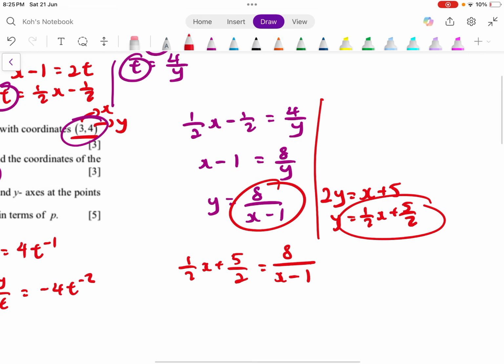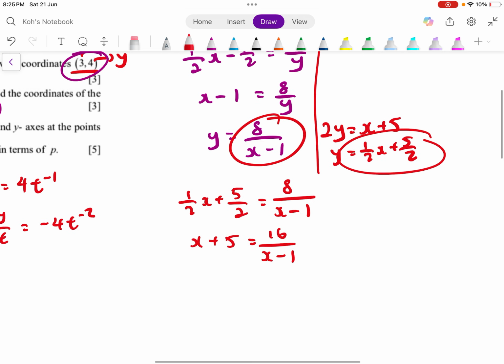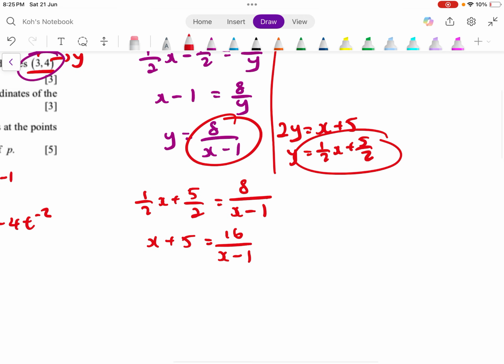And then of course times 2 throughout. This will give you x plus 5 equal to 16 over x minus 1. With this I can cross multiply: (x plus 5)(x minus 1) equal to 16. Do the expansion: x squared plus 4x minus 5 is equal to 16.